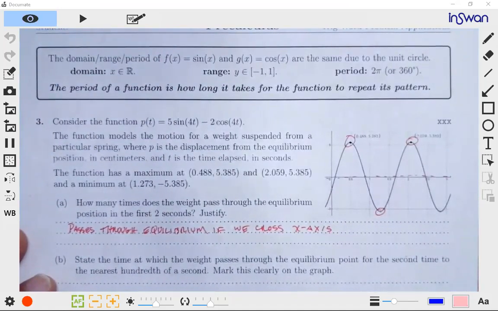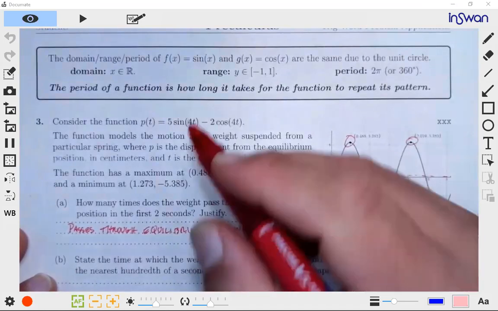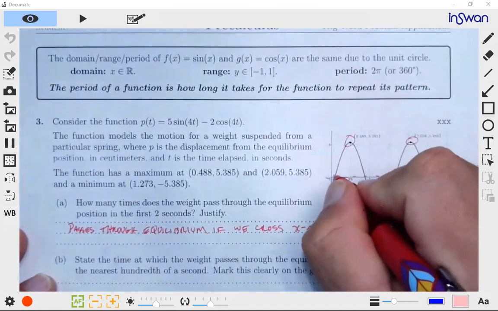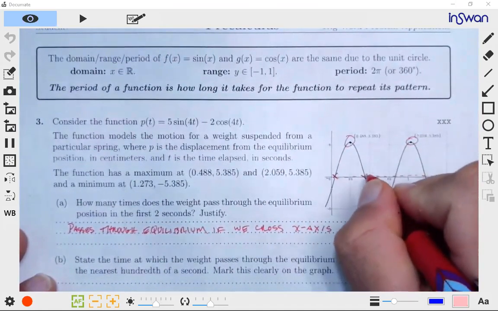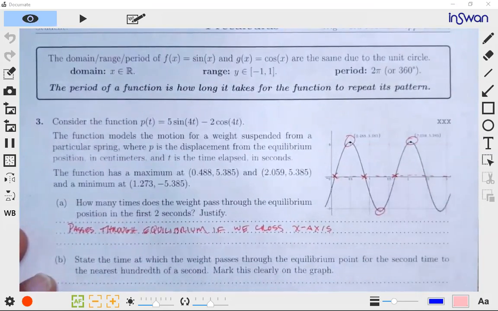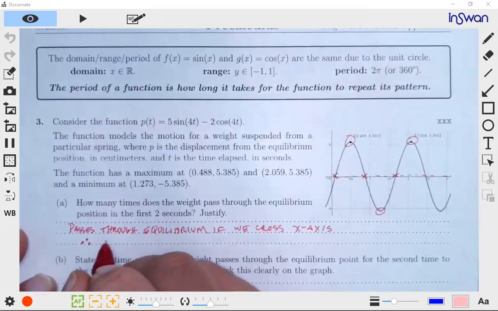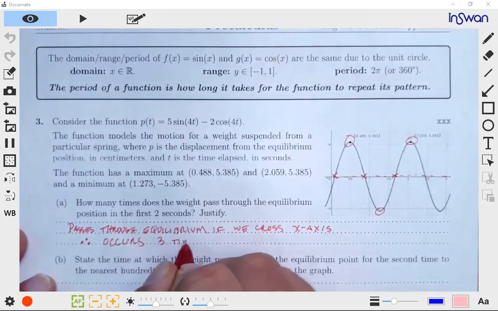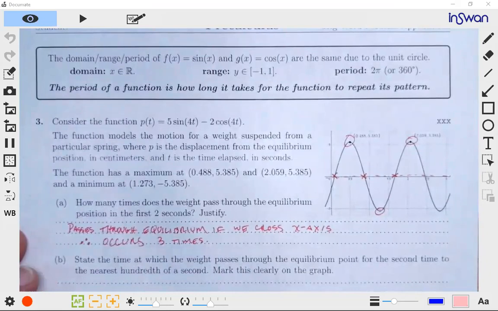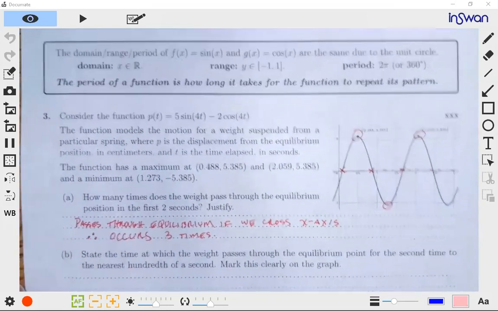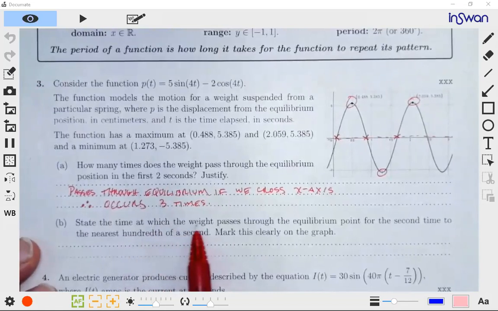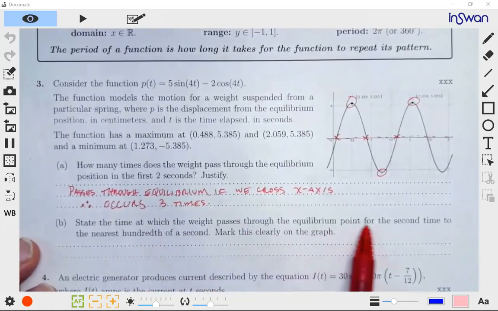Well, the center line is the x-axis. So how many times does that happen in the first 2 seconds, right? In the first 2 seconds, that happens once, twice, 3 times, right? Therefore, this occurs 3 times.